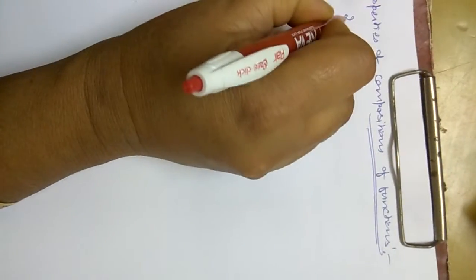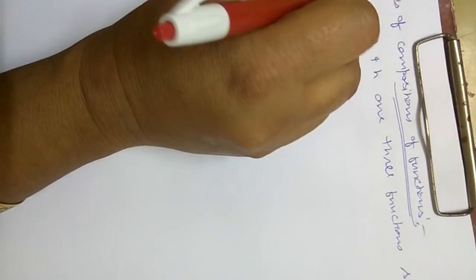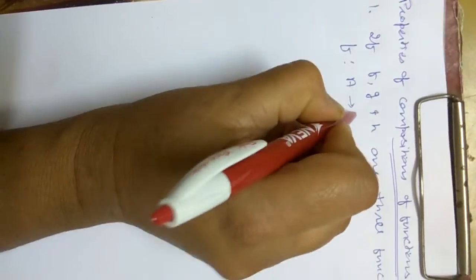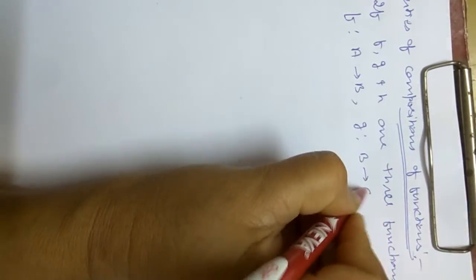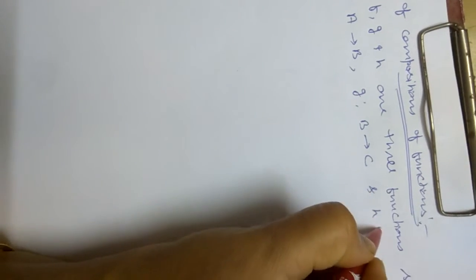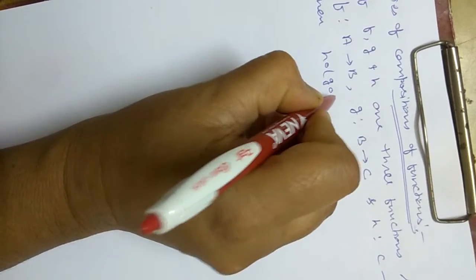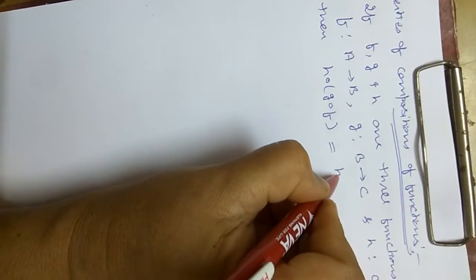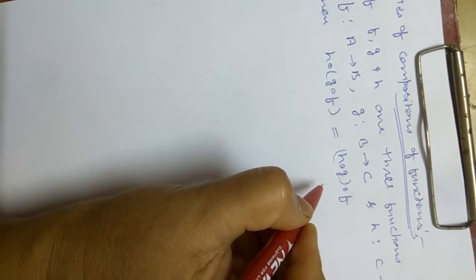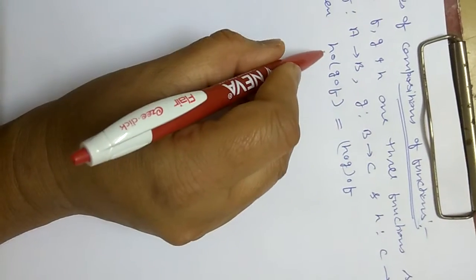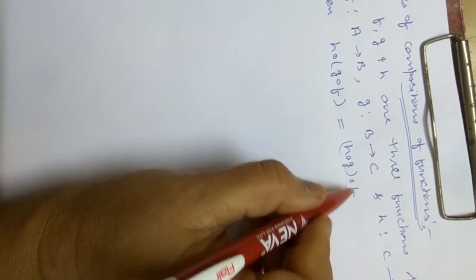The first property: if f, g and h are three functions such that f is a function from A to B, g is a function from B to C, and h is a function from C to D, then h∘(g∘f) is equal to (h∘g)∘f.